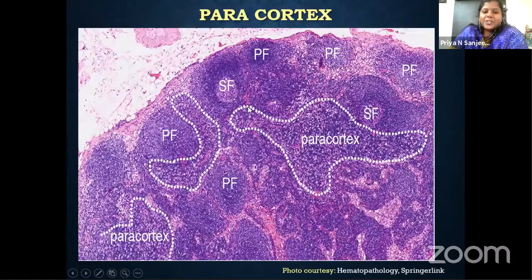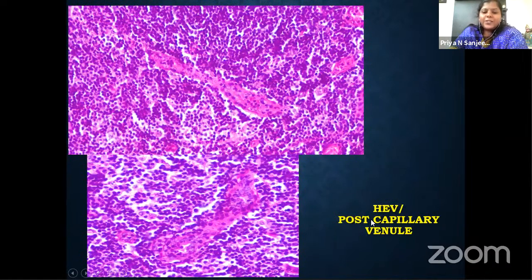Paracortex is the structure which lies between the cortex and medulla, and it is also called the interfollicular cortex or inner cortex, and it is characteristically the T zone. It is a T cell zone, and it has high endothelial venules, also called post-capillary venules.